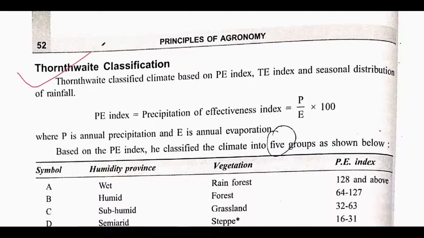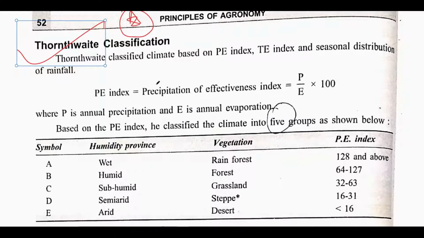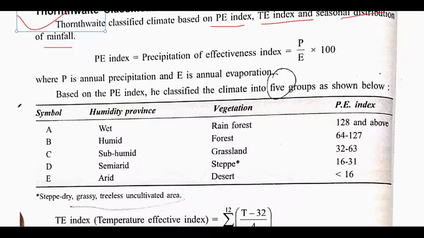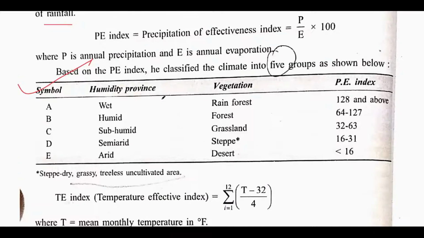See, Thornthwaite classification is very important as it is the most widely used classification of climate. Basically, the Thornthwaite classification is based on precipitation effective index, temperature effective index, and seasonal distribution of rainfall. Then this table is very important: on the basis of precipitation effective index, the climate is classified into 5 types.